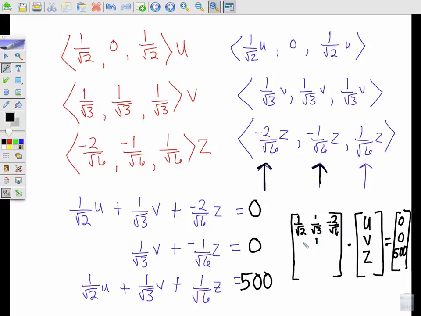You guys can put this into your matrix. This is 0, 1 over root 3, negative 1 over root 6. You get the idea here. Go ahead and solve the system using inverse of A times B. This would be your A matrix, this is your B matrix, and then you'll be able to get your solution.